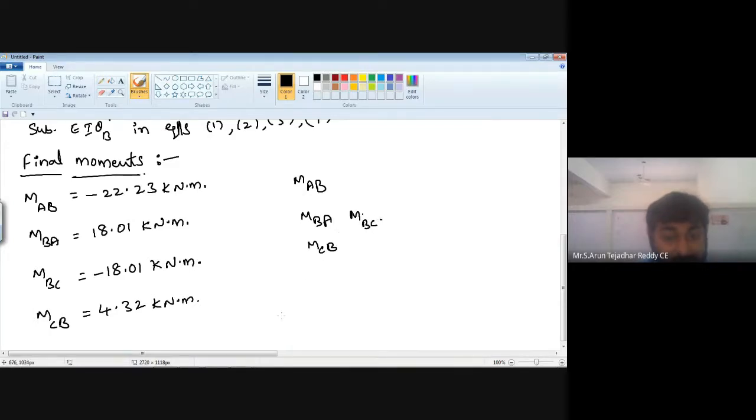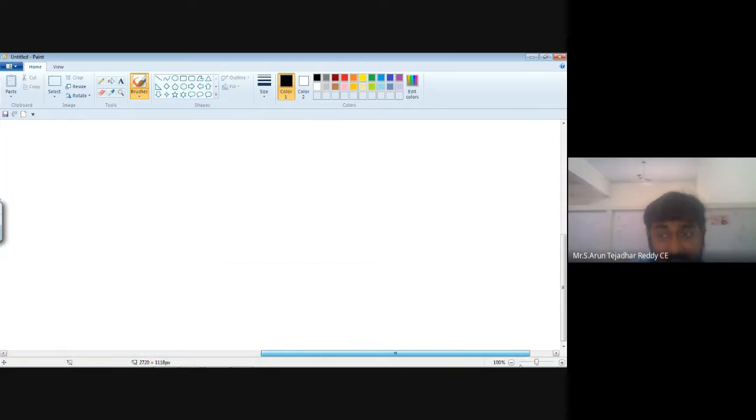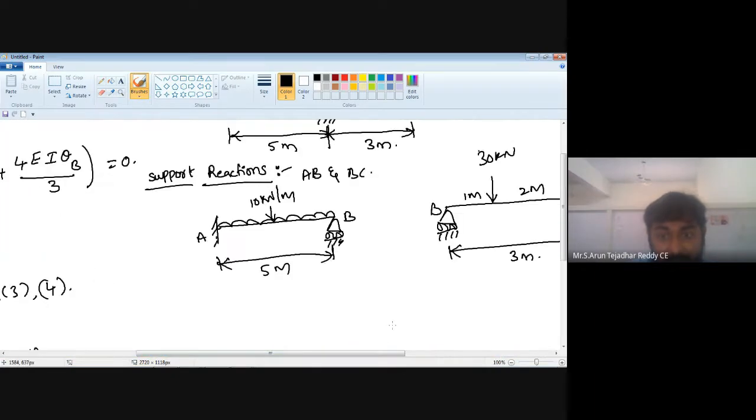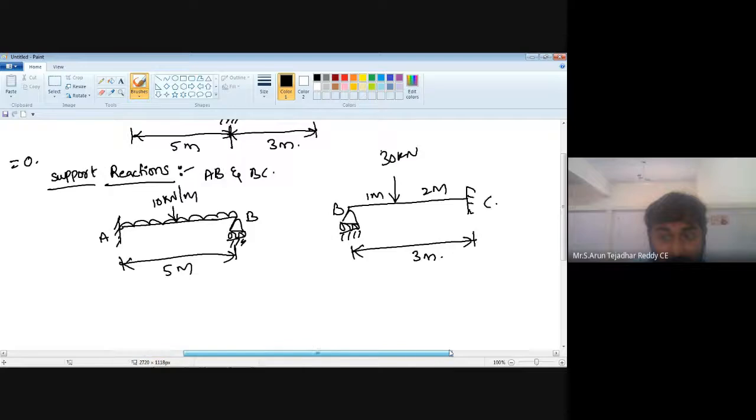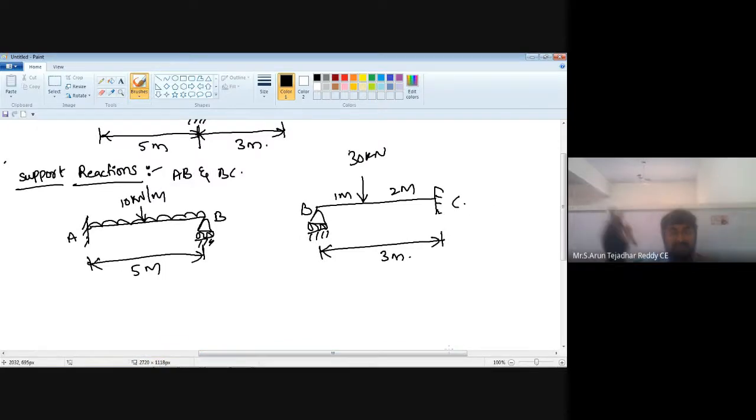So what is the sign convention here? Because we need to indicate the final moment values in the support reactions. Left to right, positive value we consider clockwise. Again left to right, negative value we consider anti-clockwise.